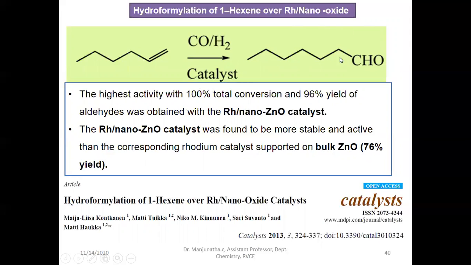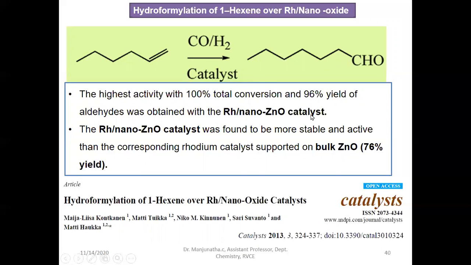This is a conversion of alkene to aldehyde. They studied this reaction using nano ZnO on rhodium and also bulk ZnO. It was found that the highest activity, with 100% total conversion and about 96% yield of the aldehyde, was obtained when they used the nano zinc oxide catalyst.